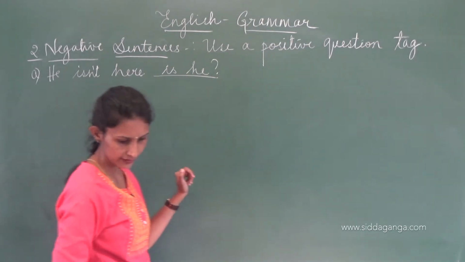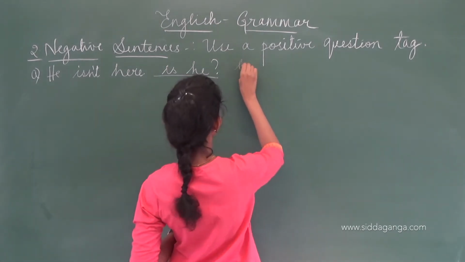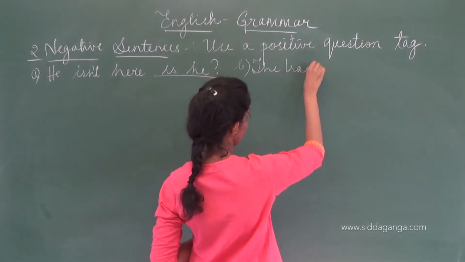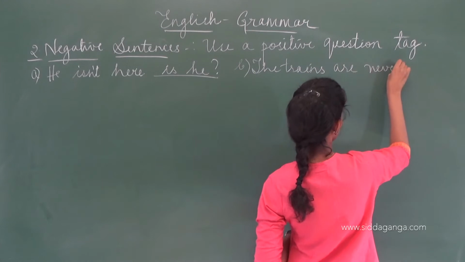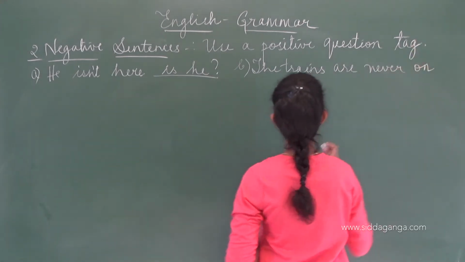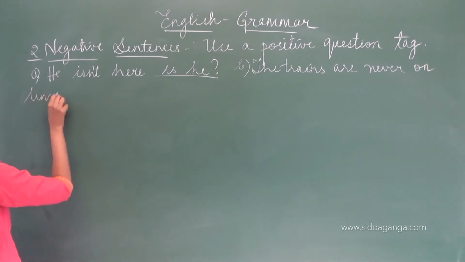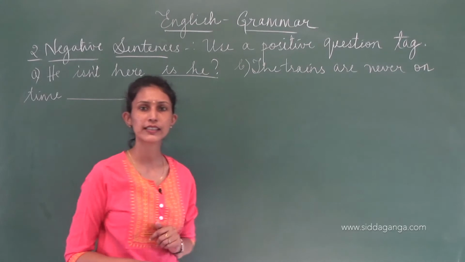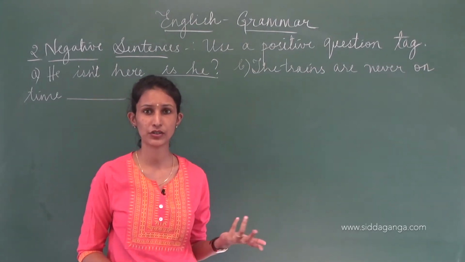The second one is, the trains are never on time. Now, you cannot see anything like isn't, mustn't, shouldn't, couldn't, shall not.